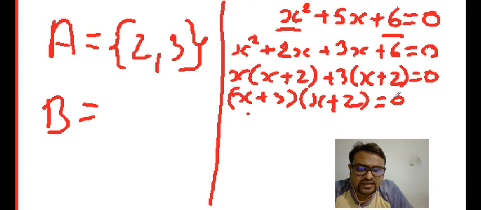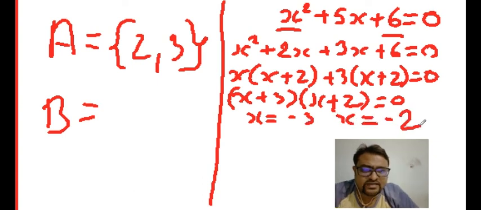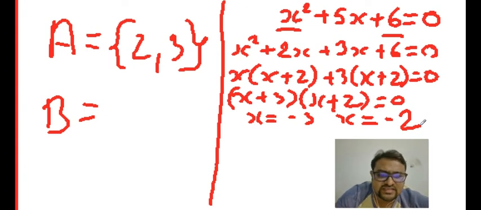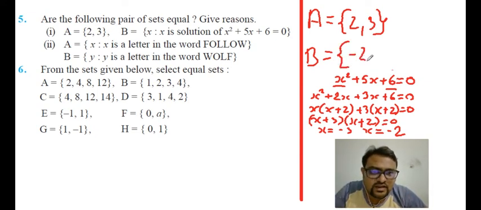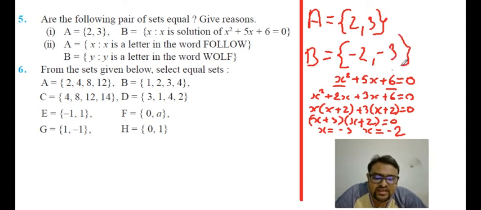So this shows that either x equal to minus 3 or x equal to minus 2, right? So I will write down B as minus 3 and minus 2, or minus 2 and minus 3. See here, A is {2, 3} and B is {minus 2, minus 3}. So that means both the sets are not equal, right?